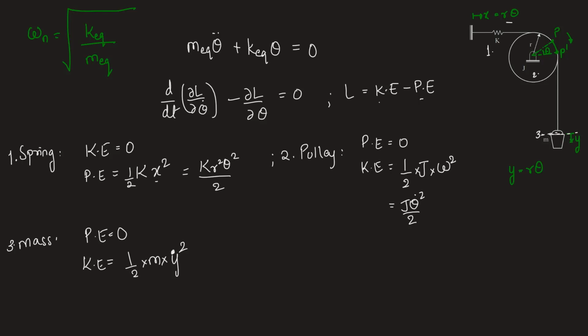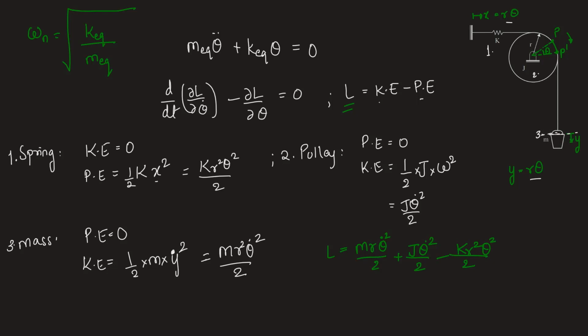Now y can be written as r theta. So we substitute it here. We have m into r square theta dot square by 2. So this Lagrangian can be written as L is equal to m r square theta dot square by 2 plus J theta dot square by 2 minus k r square theta square by 2.